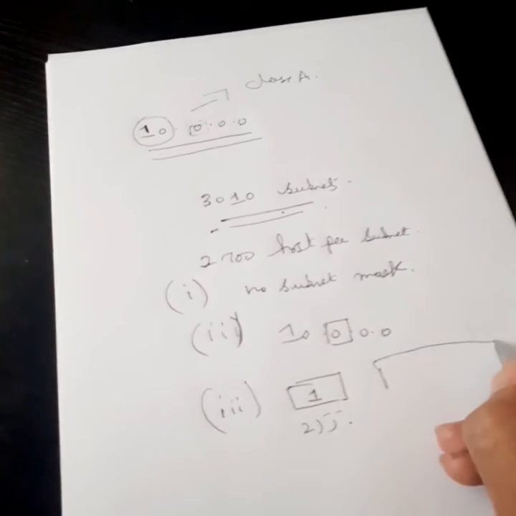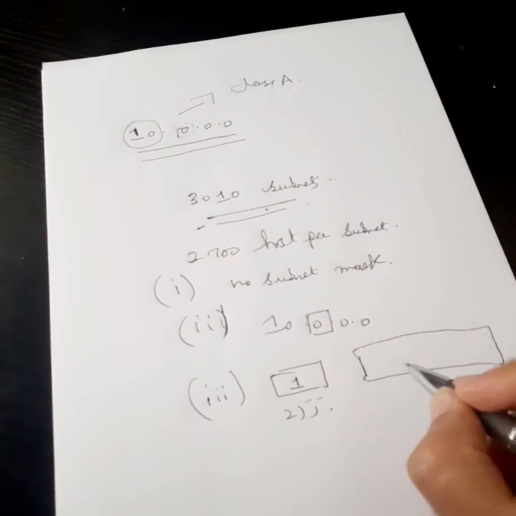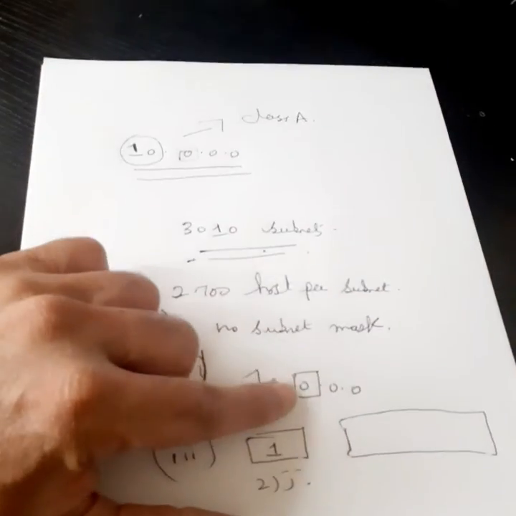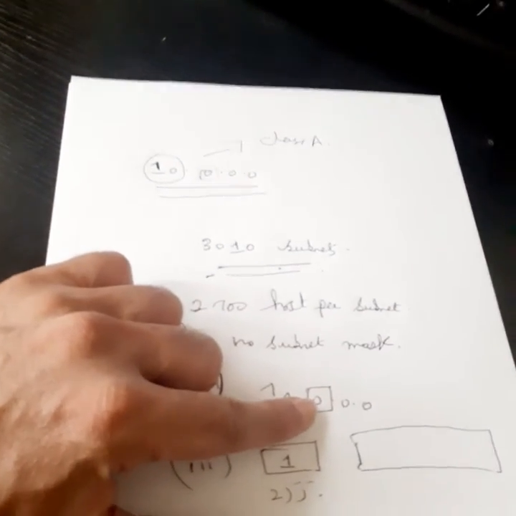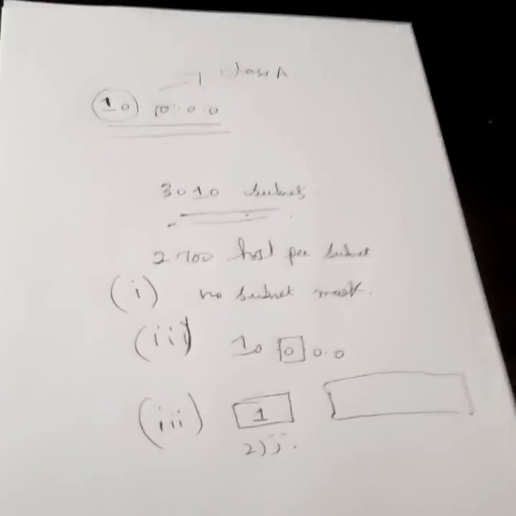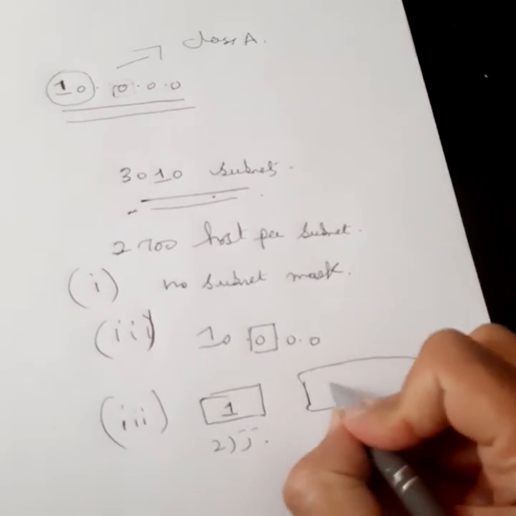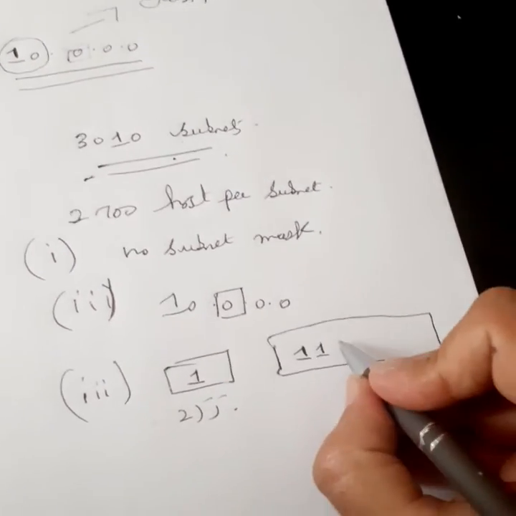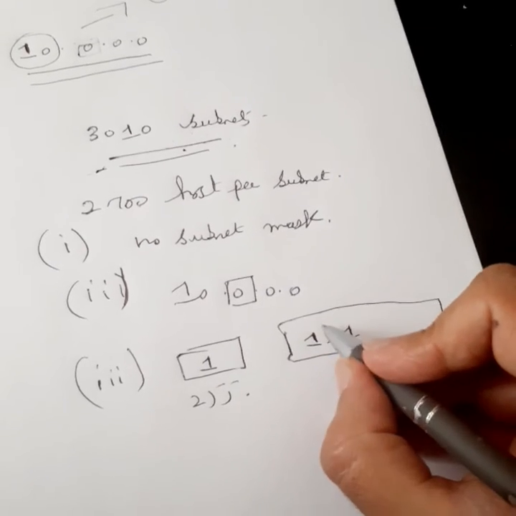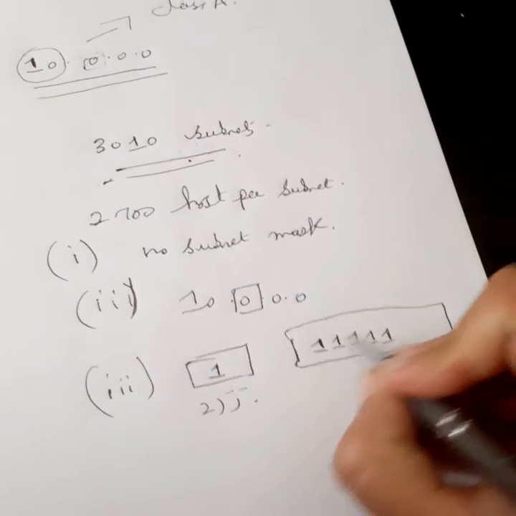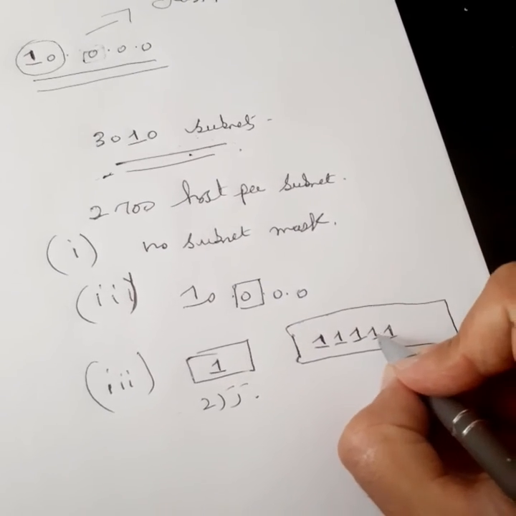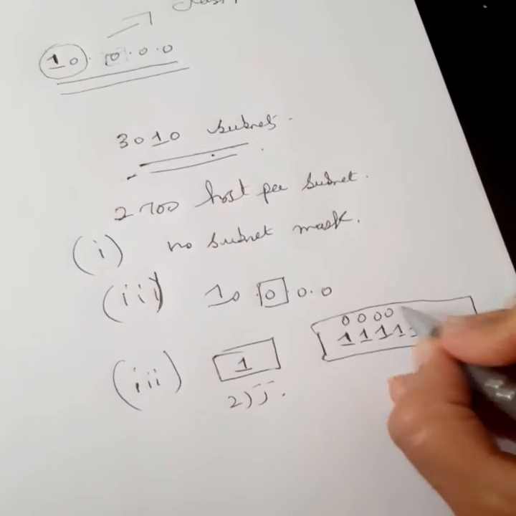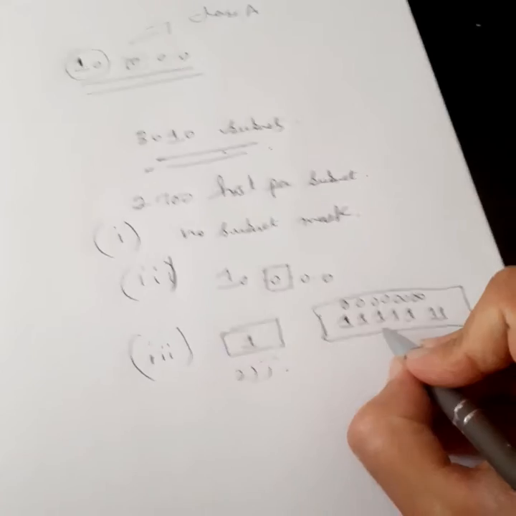But let me make it more interesting by saying that we will convert all the zeros, like there's a 0 value here, that's 1 byte. So all these 8 bits, which were zeros, to 1. So 1, 2, 3, 4, 5, 6, 7, 8. All the zeros we have converted to 1.